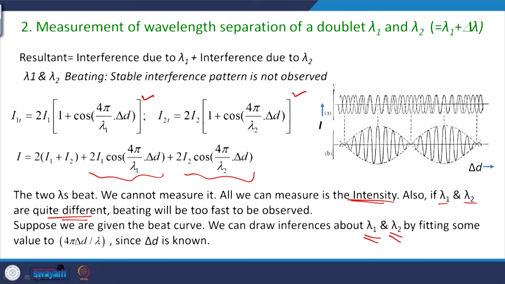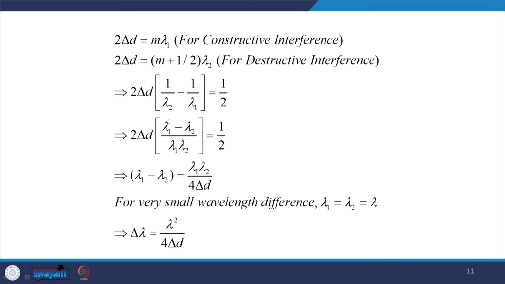How? If we fit some value to this and then we know what is delta d. So, what we do is that you have this curve for small delta d, and for lambda 2 you will have different intensities and then you can have this beating. So, let us say that for lambda 1 it becomes constructive and we choose delta d in such a way that for lambda 2 it becomes destructive.